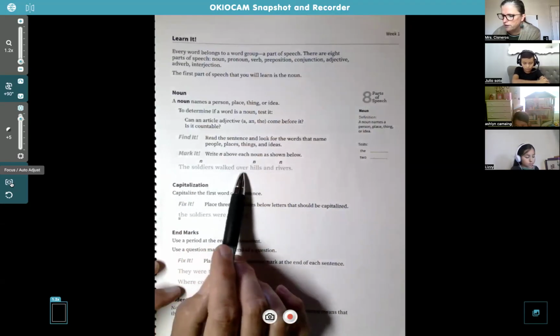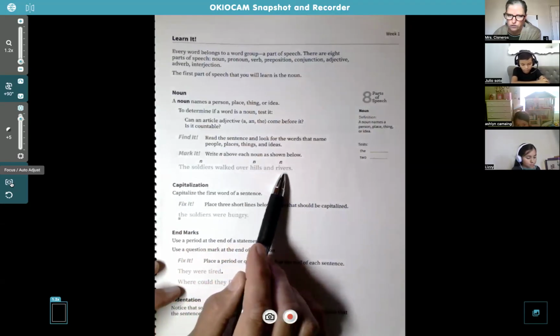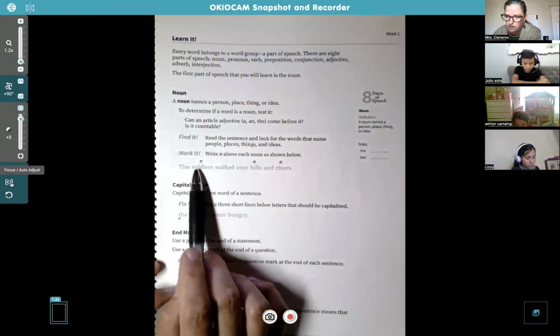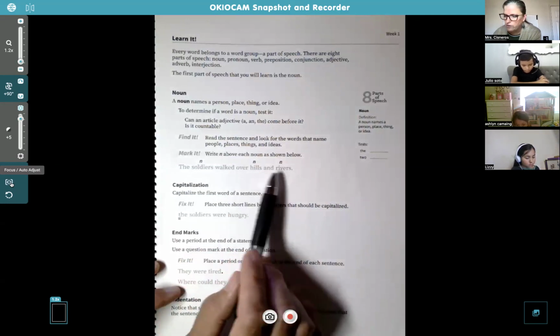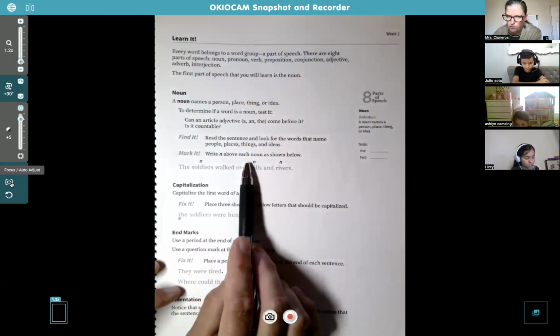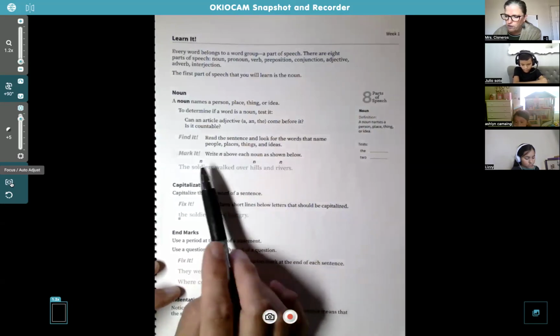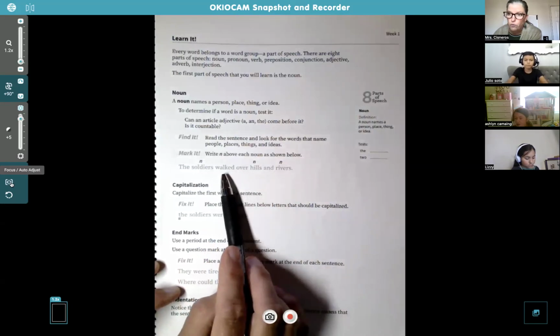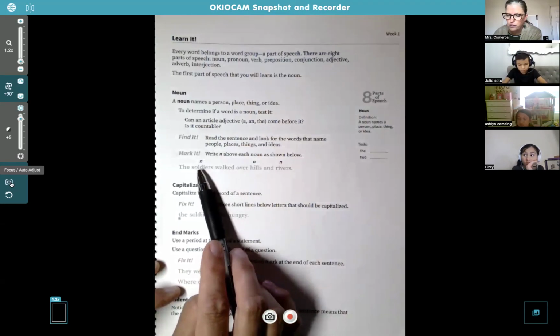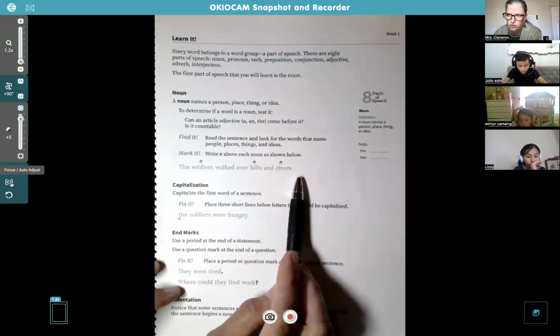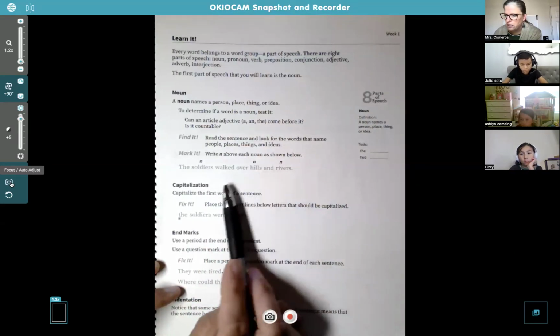The soldiers walked over hills and rivers. Soldiers are people. That's a noun. Hills and rivers, those are things. You're going to put an N on top of those words, not on top of walked, because that's not a noun. That's a verb. That's an action. So you're only going to put the N's on top of the nouns to start.